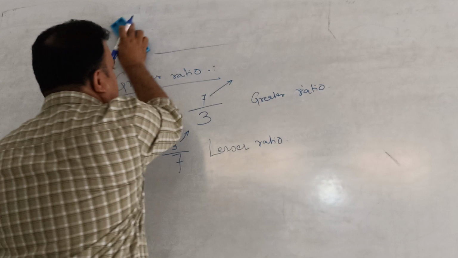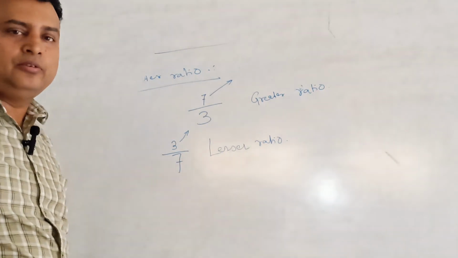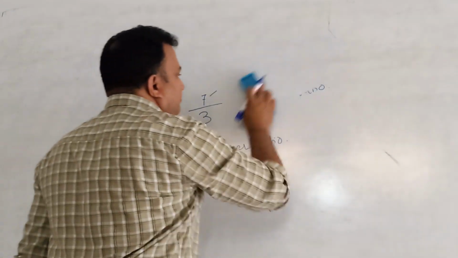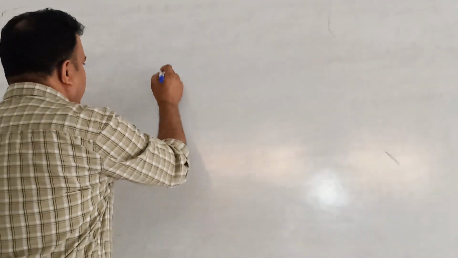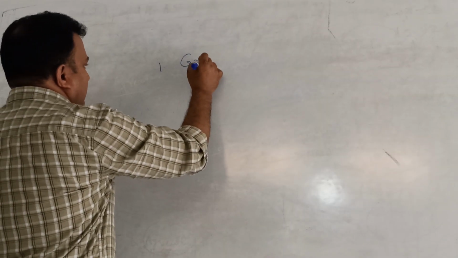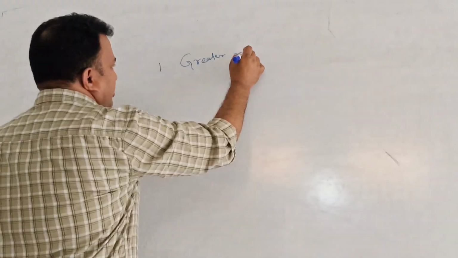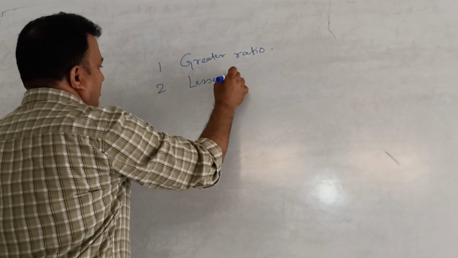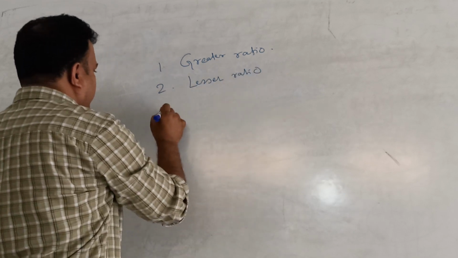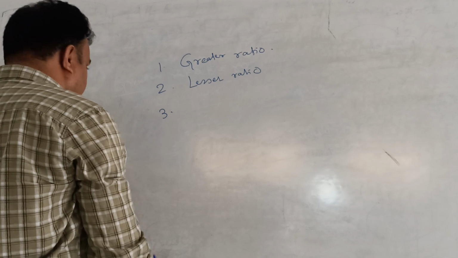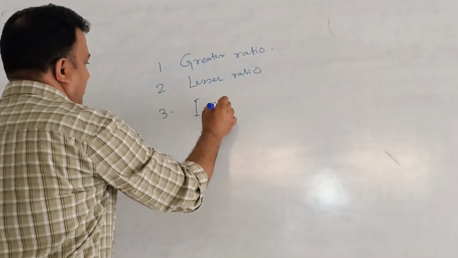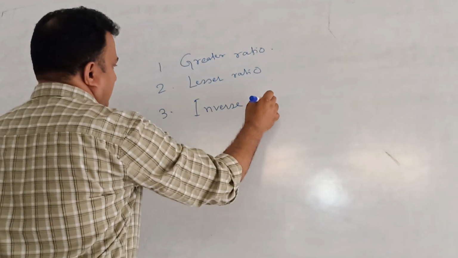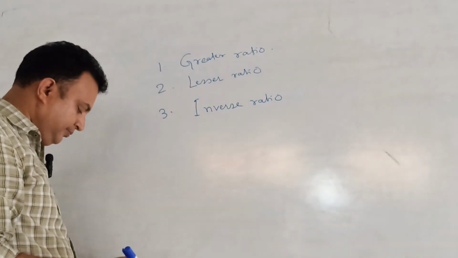Now we will discuss about the various types of ratio. There are several types of ratio. Number 1, greater ratio. Number 2, lesser ratio. Number 3, inverse ratio.